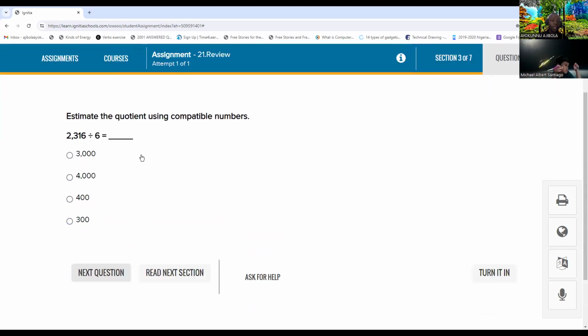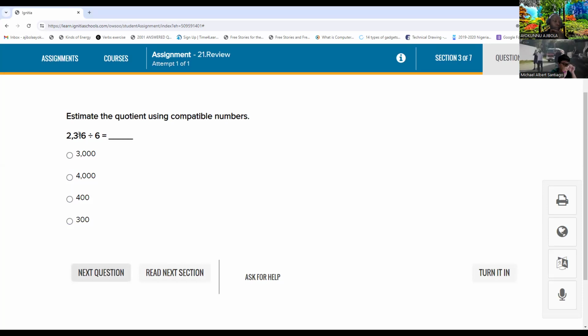You want to estimate this using compatible numbers. So when you are dividing by a one-digit divisor, you are supposed to round the dividend to a number that is compatible with the divisor. So which number is compatible with 6?